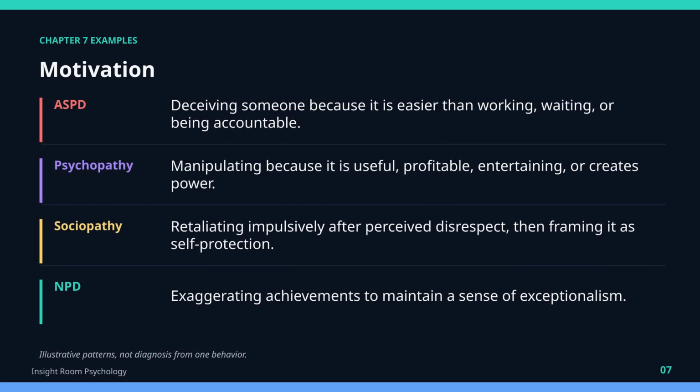With psychopathy, motivation often includes dominance, instrumental gain, stimulation, control, and sometimes predatory exploitation. For example, someone might manipulate another person not because they're emotionally desperate, but because it is useful, profitable entertainment, or gives them a sense of power.